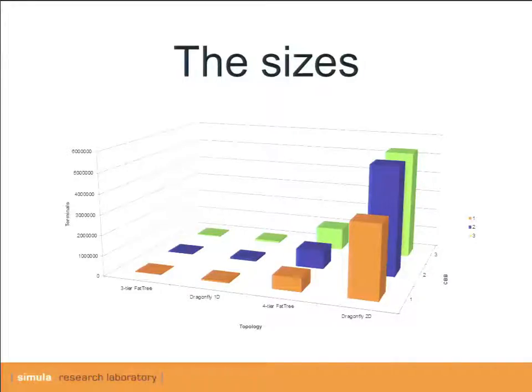The 4-tier factory and the 2D flattened butterfly Dragonfly can reach higher sizes, and this is one of the main points in favor of the Dragonfly. It's the huge, massive scalability it has for a given switch size compared to the factory. As I said, it's 48 port switches. If we were to change to 64 port switches, then the factory would cross 1 million cores.